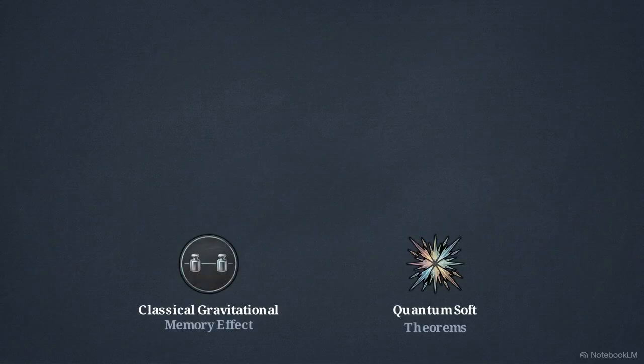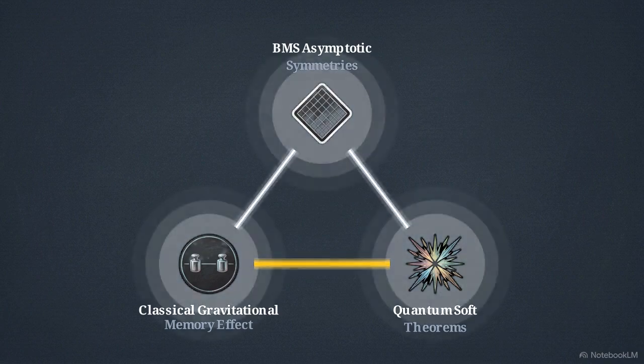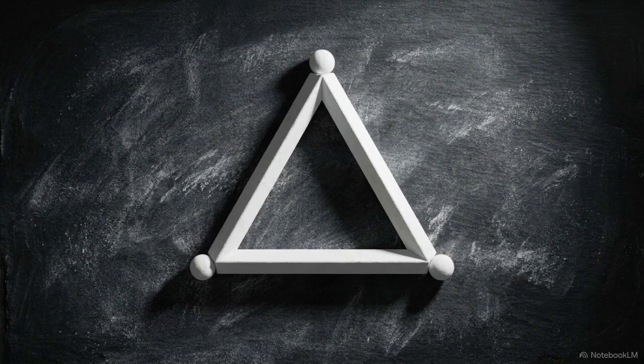As illustrated in this tripartite diagram, the complex mathematics governing the quantum soft theorem and the classical gravitational memory effect are completely identical. In theoretical physics, a Ward identity is the mathematical bridge that mandates a conservation law must correspond to a physical symmetry. Tracing the math reveals that the soft theorem is exactly the Ward identity of the BMS asymptotic symmetries. This is the IR triangle.